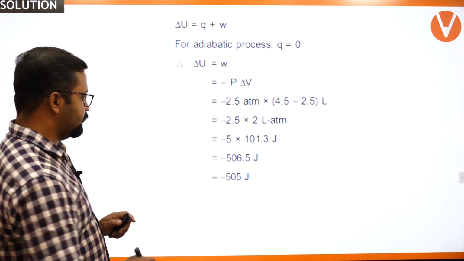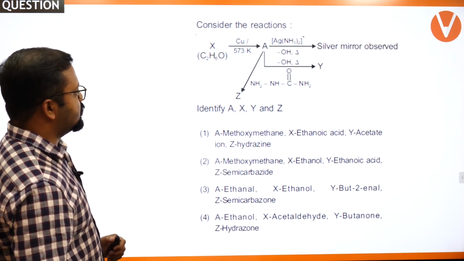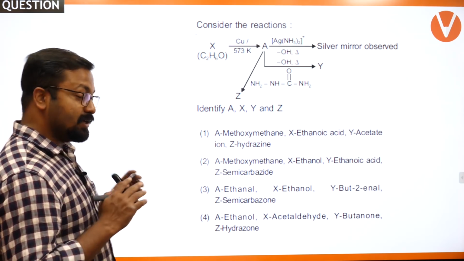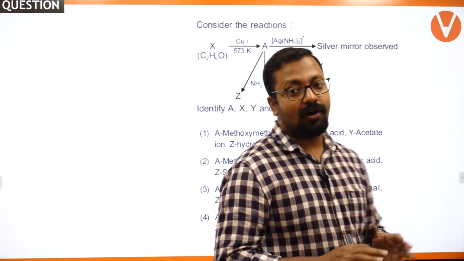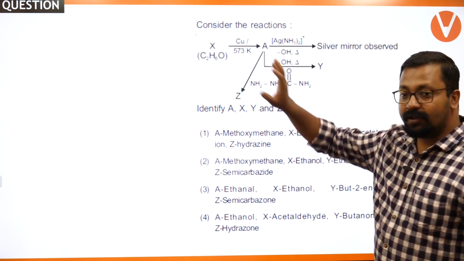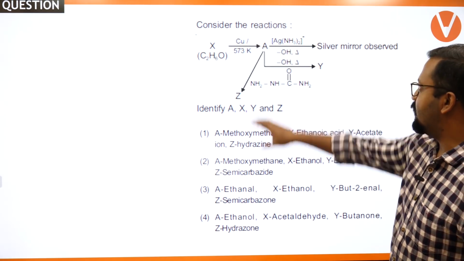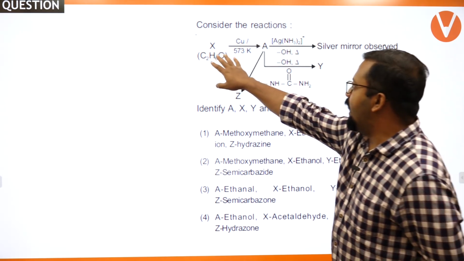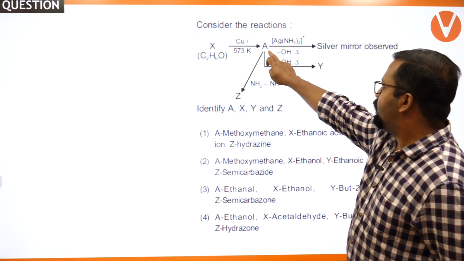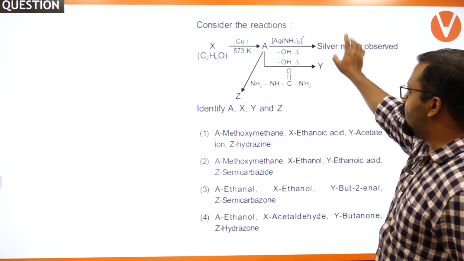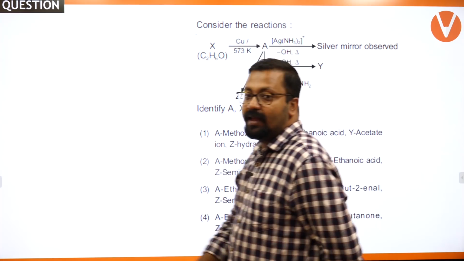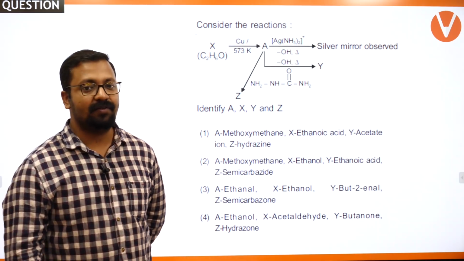Minus 505. Okay. Next, consider the following reactions. Again, I will solve this organic chemistry question without even lifting my pen. देखिए, पहले reaction समझ लेते हैं. X with copper forms A and forms silver mirror. तो silver mirror आपको किस में मिलता है? अगर आपने aldehyde लिया है तो silver mirror मिलेगा.